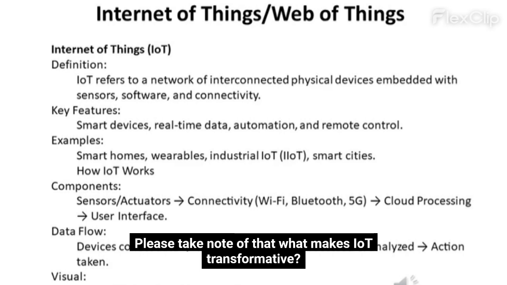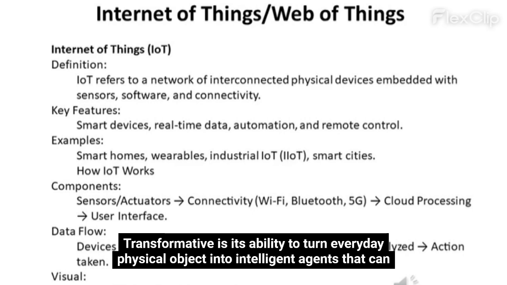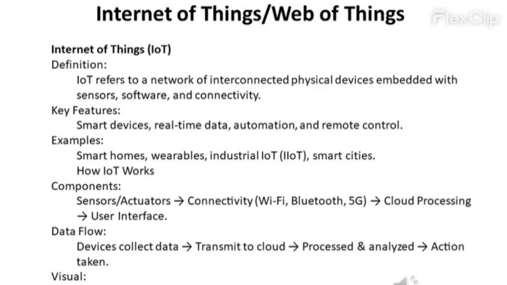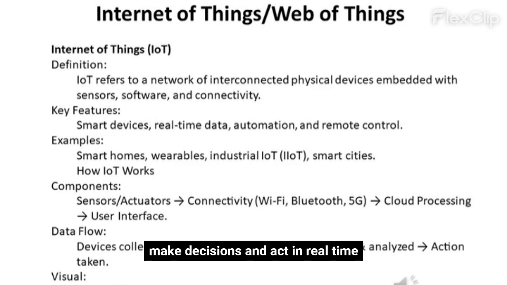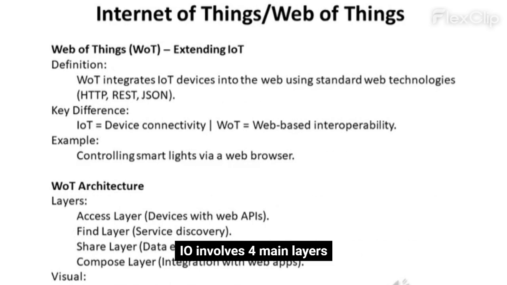What makes IoT transformative is its ability to turn everyday physical objects into intelligent agents that can sense their environment, make decisions, and act in real time. A typical IoT system involves four main layers.